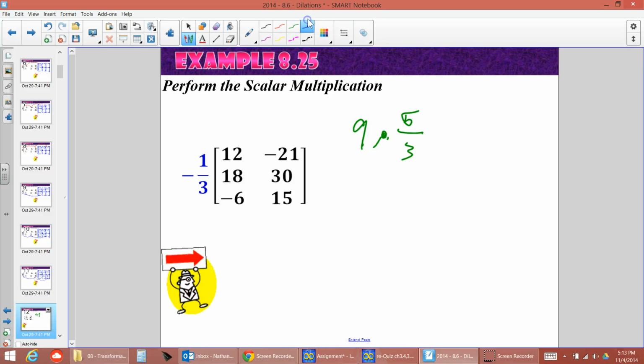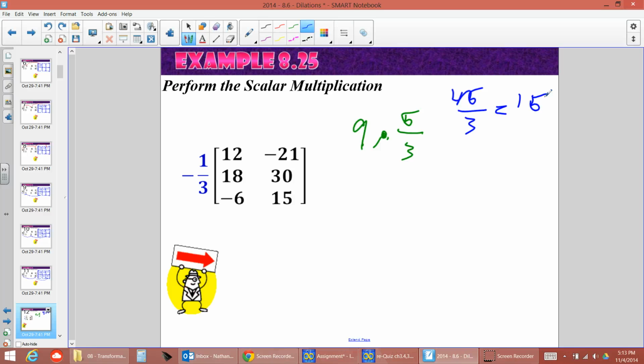One choice, I'm going to do it in blue, is I can multiply the top and get 45 and divide that by 3. That gets me 15. 45 divided by 3 equals 15.